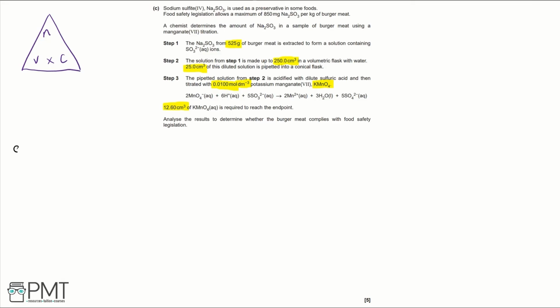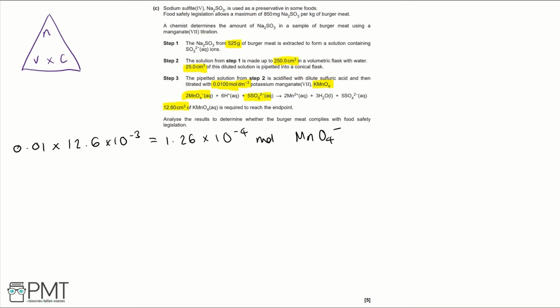So we can do 0.01, which is its concentration, multiplied by 12.6 times 10 to the negative 3, because we're converting centimeters cubed into decimeters cubed. And that equals 1.26 times 10 to the negative 4 moles of MnO4 minus. Then if we look at the scale factor of the manganate and the sulfate ions, we have a 2:5 ratio.